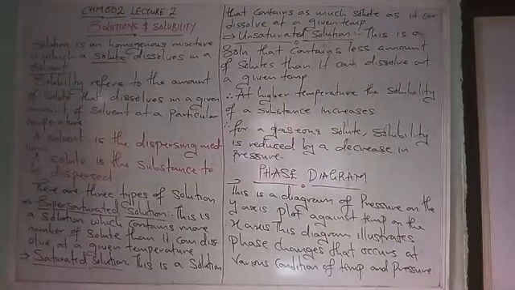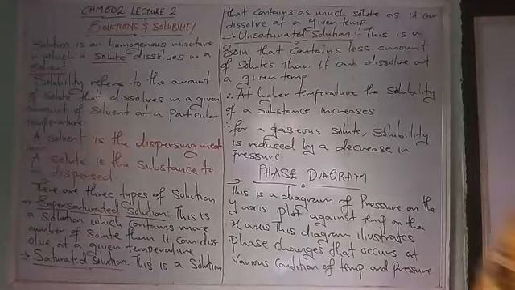Now I'll quickly draw, or illustrate, the phase diagram of CO2, which is the typical phase diagram of CO2, and I will draw the phase diagram for water, and we'll be exploring those two.